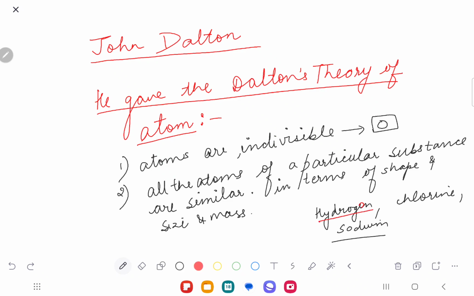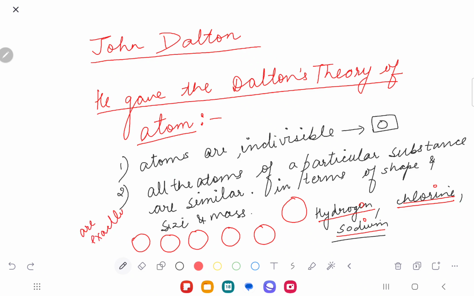These are basically the substances whose atoms, if you see, so the scientists wanted to say that if we have hydrogen in nature, all the atoms in nature of hydrogen are exactly the same.